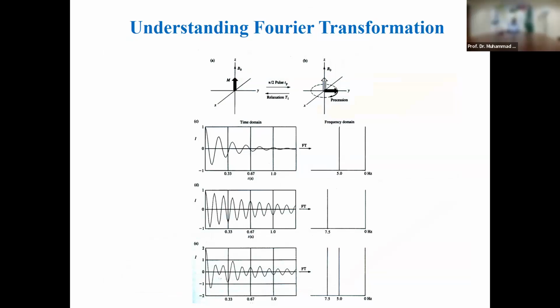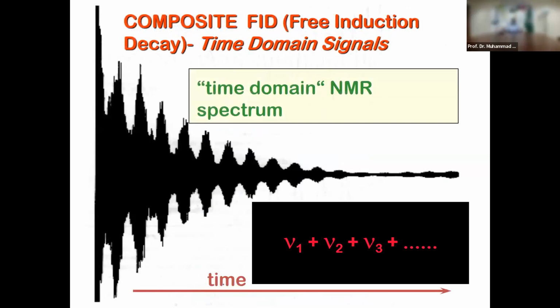So okay, if you have many frequencies, which you can see down the free induction decay, then the FID looks horrible. It's the cumulative FIDs of as many protons or carbons or whatever the elements are.